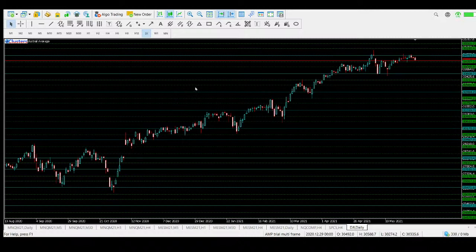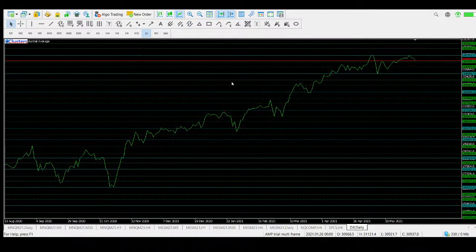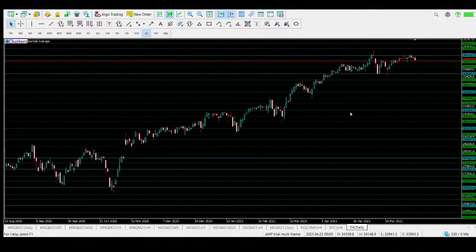So there you go, folks. Showing you what the software does. As I mentioned earlier on, the most important part is to get the price structure. Find the price structure, get it right.